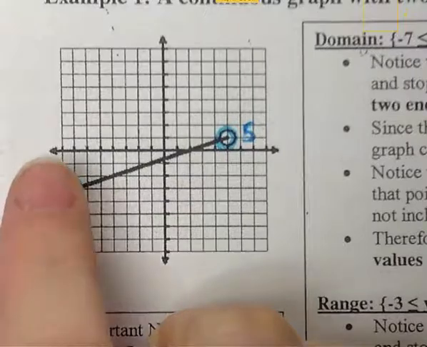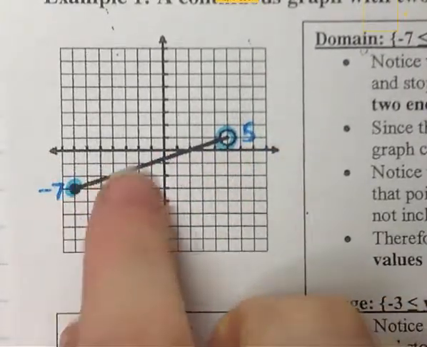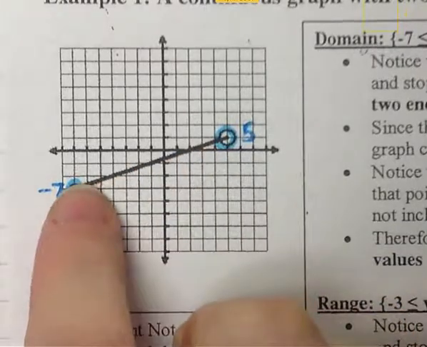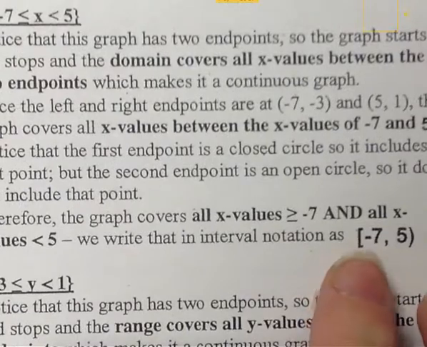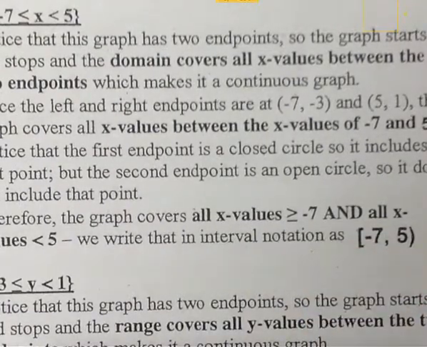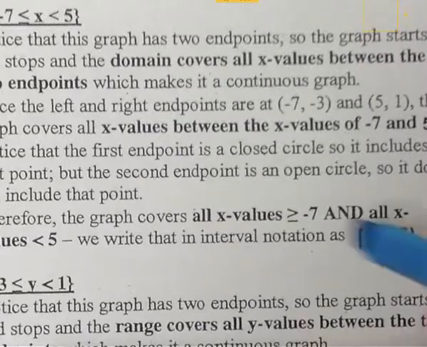So I know it will go from -7, 5, because it's listing every single x value, even the decimals, in between those two numbers. And we'll have that solid bracket, so that's a closed bracket on that -7 because the coordinate is closed. And on the 5, we're going to have an open bracket because it is an open circle.